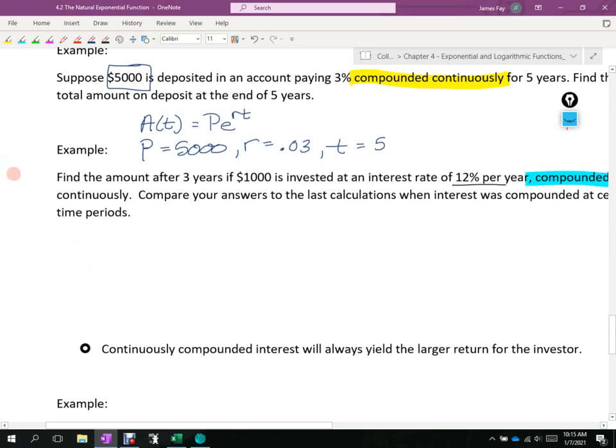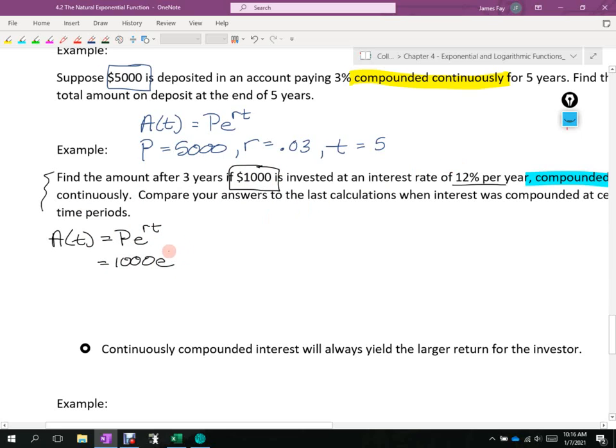So this question here is using the same exact scenario that we did when we were compounding monthly or daily or whatever it may have been previously in section 4.1. But now it asks us to do it continuously. So they're going to say, A of t is equal to P e raised to RT. As I go through this, the principal is going to be $1,000.